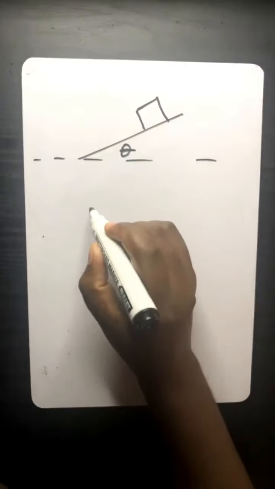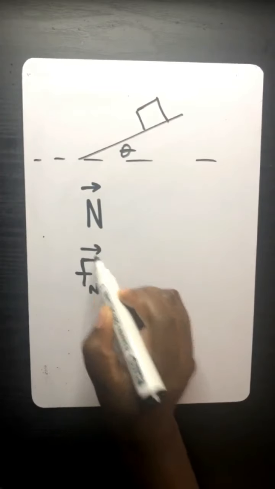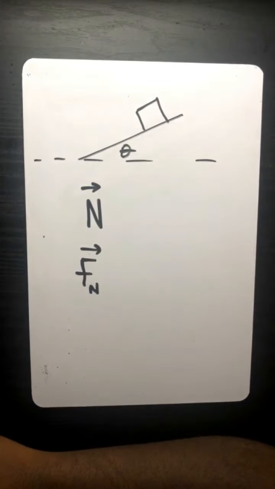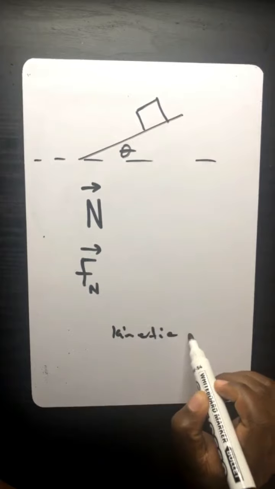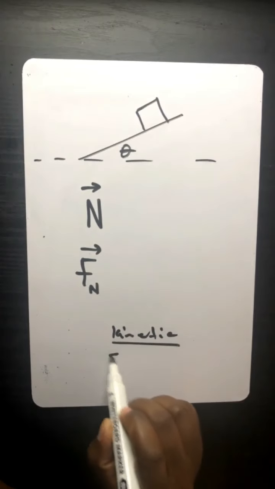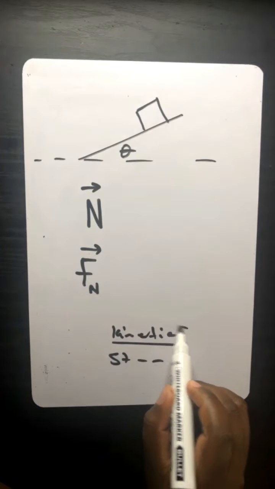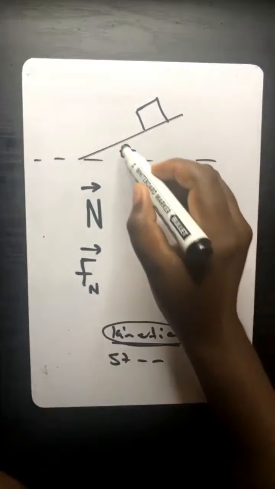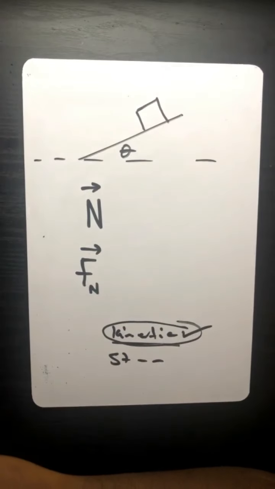What I'm saying now is that the normal force, which can be represented as capital N or as Fn, is multiplied by the kinetic coefficient. Remember, the kinetic coefficient is for a moving object, but the static coefficient is for an object which is stationary. In this case, I'm talking about an object which is sliding along an inclined surface. That's why we multiply by the kinetic coefficient.